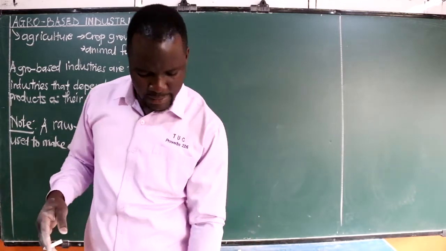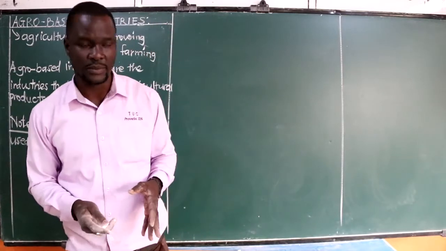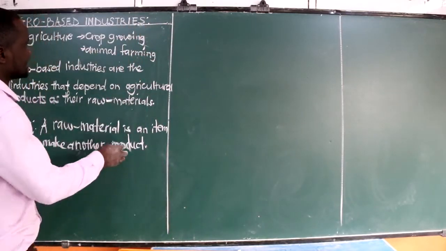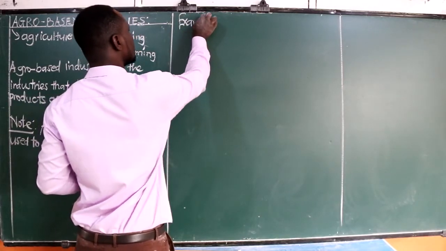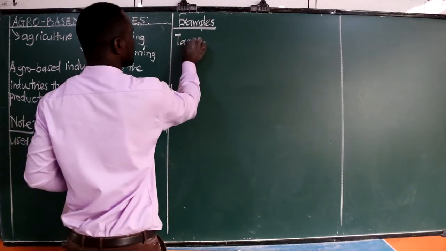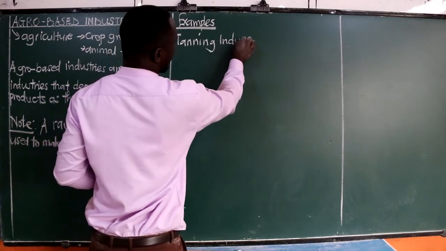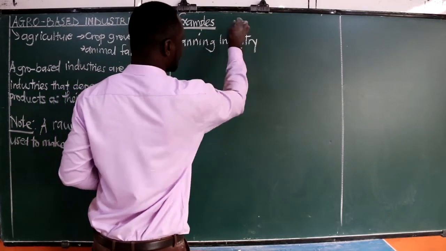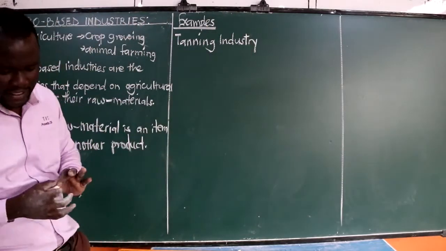Let's look at the examples of such industries. The first one, we have the tanning industry. That is the first agro-based industry that we are having in our workbook.